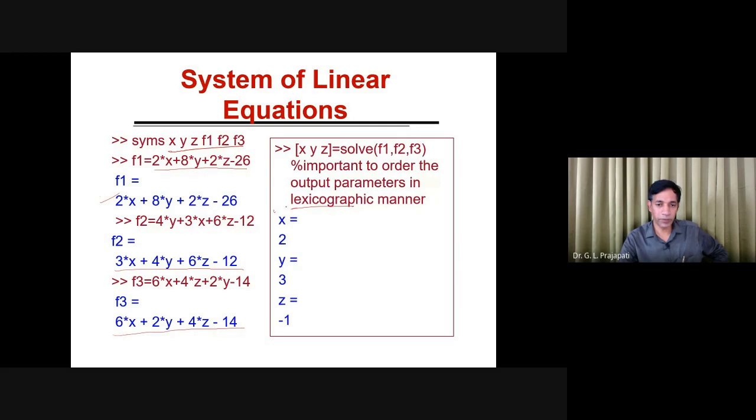So x is the first one, then y is the second one, and z is the third one. That's why you have written x, y, z in the lexicographic order. And simply f1, f2, f3, and you know what solving this means: f1 is equal to 0, f2 is equal to 0, f3 is equal to 0.